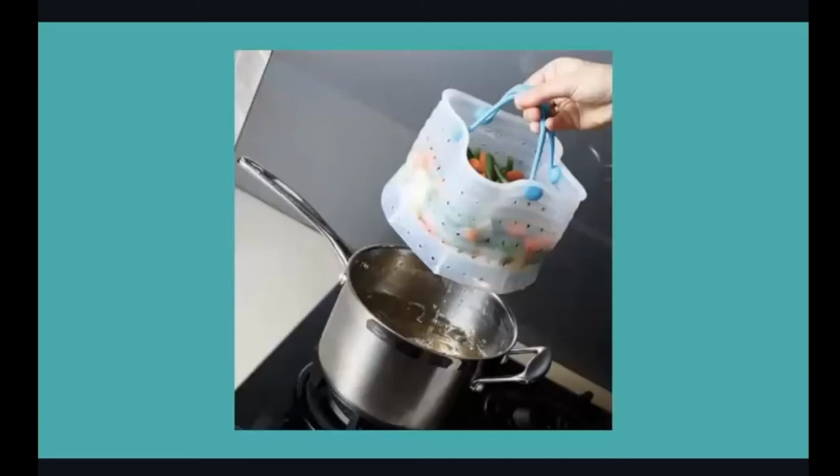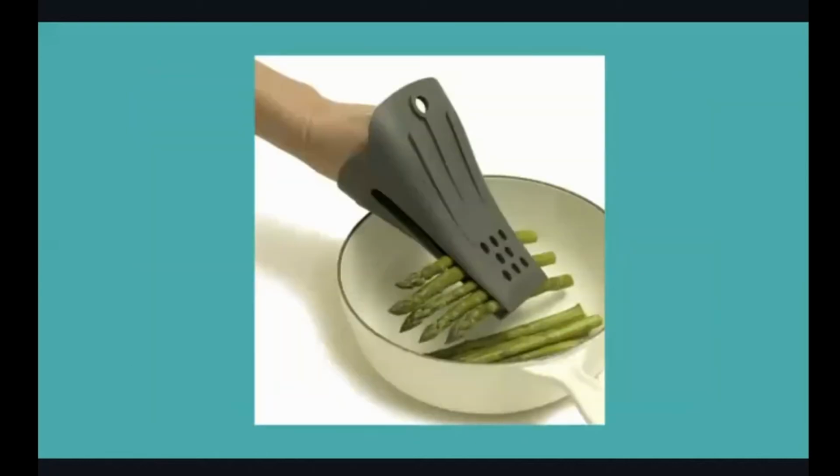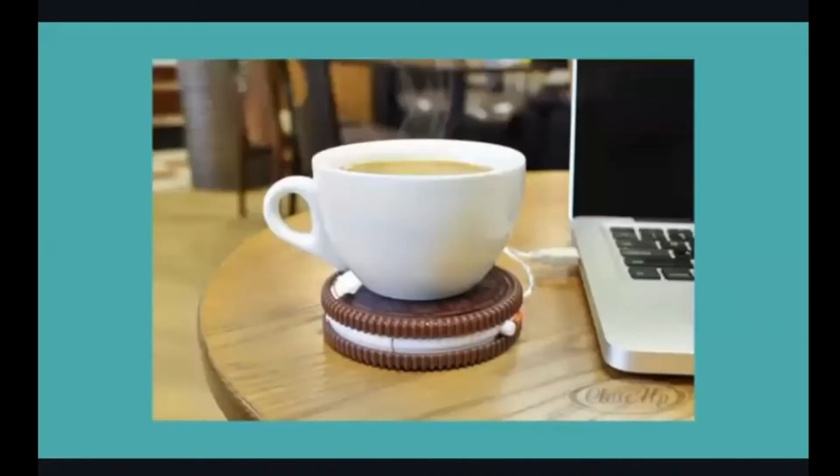Because if you look around, there's a lot of stuff that has been designed that makes very little sense. A lot of stuff that has been designed that is probably used once and then forgotten in the last drawer of your kitchen and never used again. Because we absolutely need to have our teacup or coffee cup warmed up by a USB from our laptop instead of just taking a minute and just drinking the coffee or the tea.